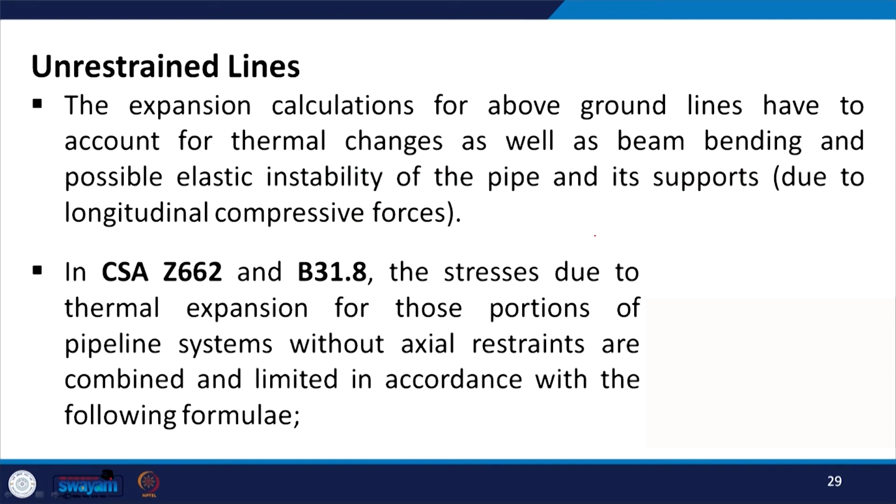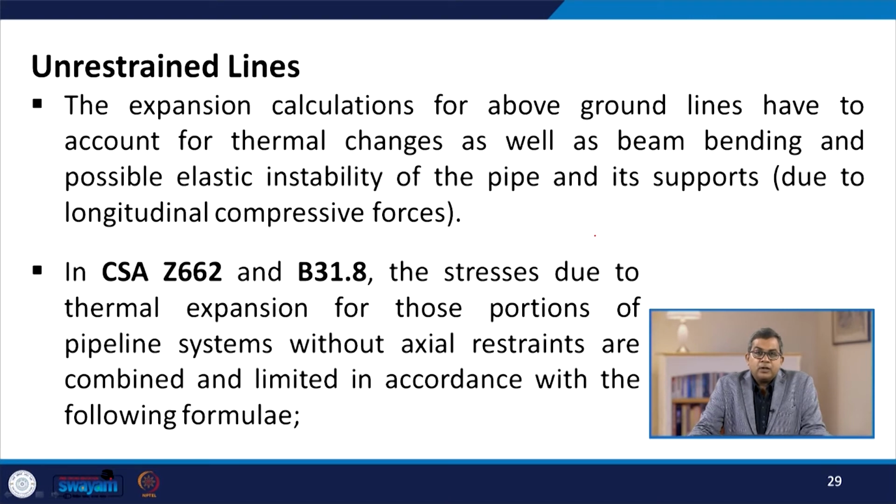Now, there are certain unrestrained lines. The expansion calculations for above ground lines have to account for thermal changes as well as beam bending and the possible elastic instability of the pipe and its support due to the longitudinal compressive forces.